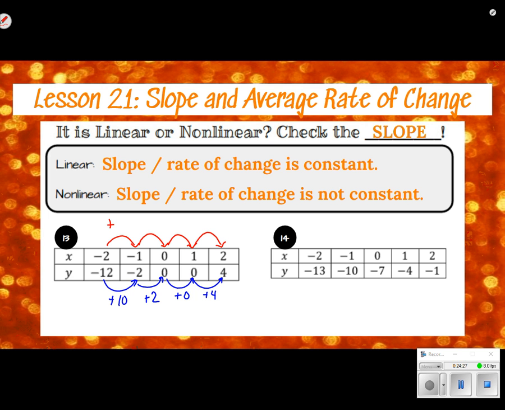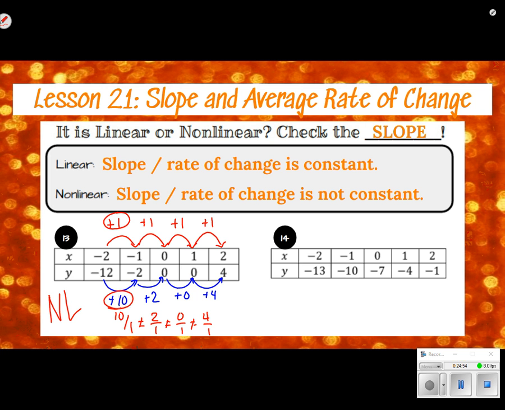Because you could still possibly have something that is a linear slope. But I'm looking at 10 over 1. Is that equal to 2 over 1? No. Is that equal to 0 over 1? No. Is that equal to 4 over 1? No. So because all of these are not equal, and why am I dividing by 1? I'm taking the y and dividing it by its change in x. So this is nonlinear.